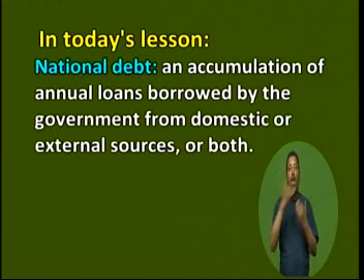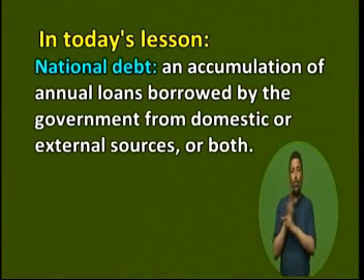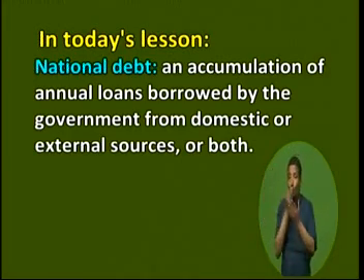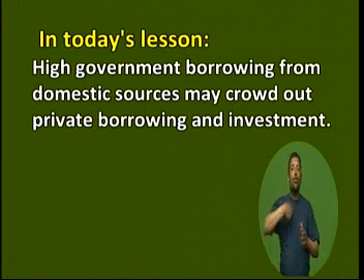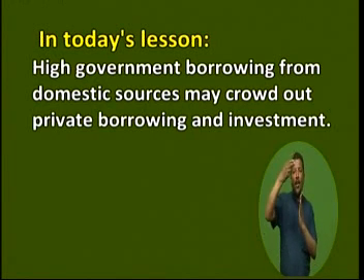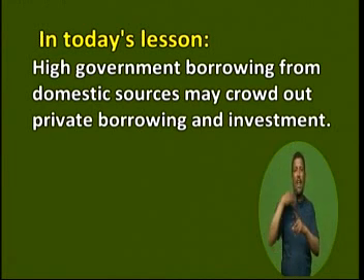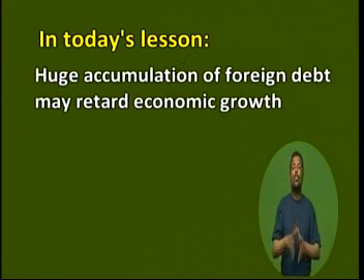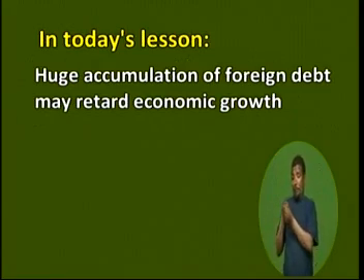We have also seen that national debt is an accumulation of annual loans borrowed by the government from domestic or external sources, or both. Finally, we saw that high government borrowing from domestic sources may crowd out private borrowing and investment, and huge accumulation of foreign debt may retard economic growth.